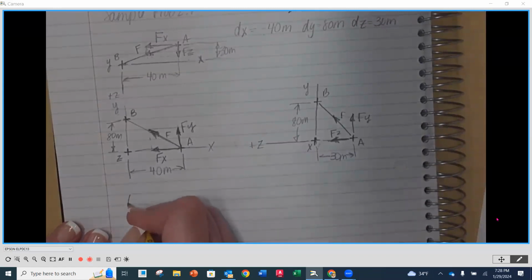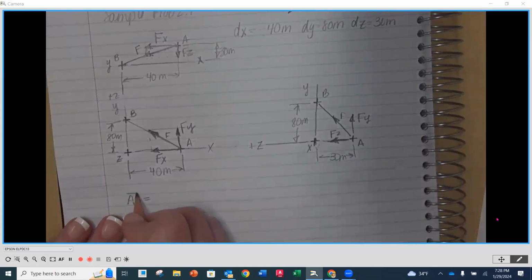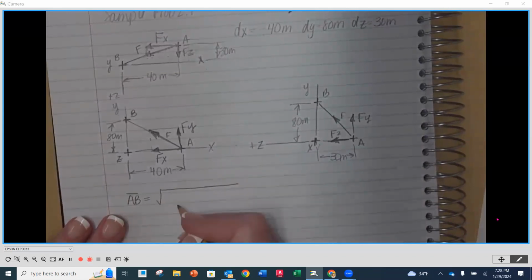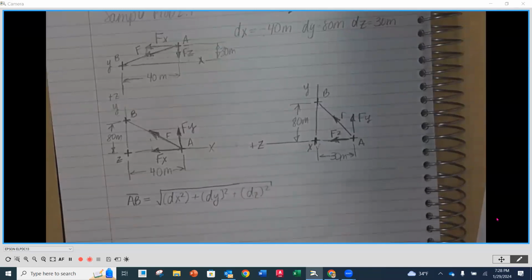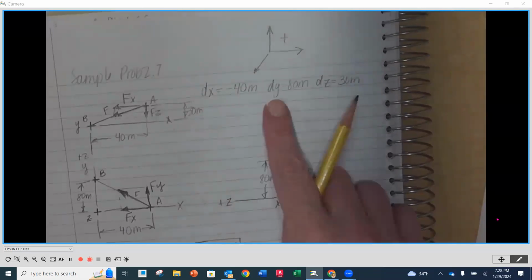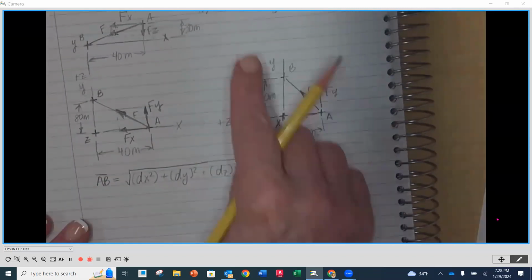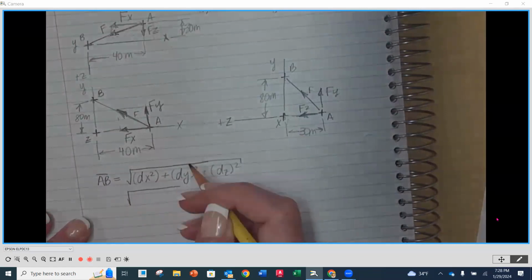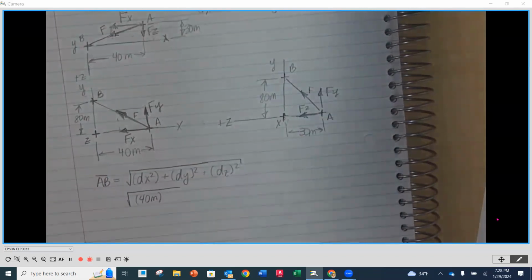So the length of line AB is going to be equal to the square root of dx squared plus dy squared plus dz squared. And those values come from the coordinates from the 0, 0, 0 that we were given at the beginning of the problem. The dx is going to be negative 40. If we're going to square it anyway, whether you put 40 meters in there or negative 40 doesn't matter.